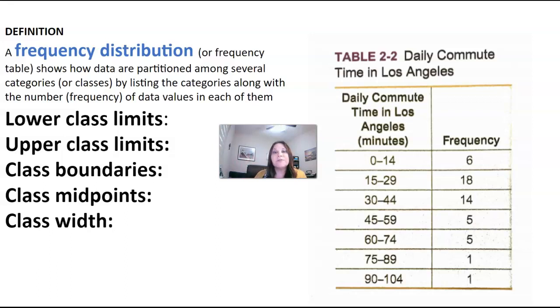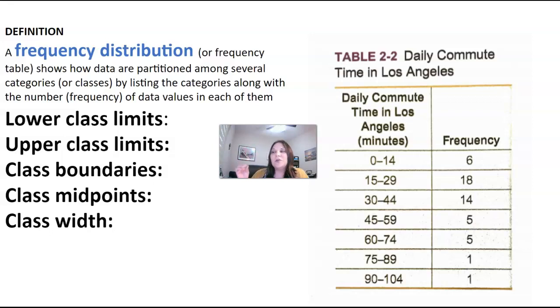But most generally, a frequency table takes quantitative data, which could be viewed on a number line, and chunks up the data into different intervals, and tells you how many of the data points are within that class.